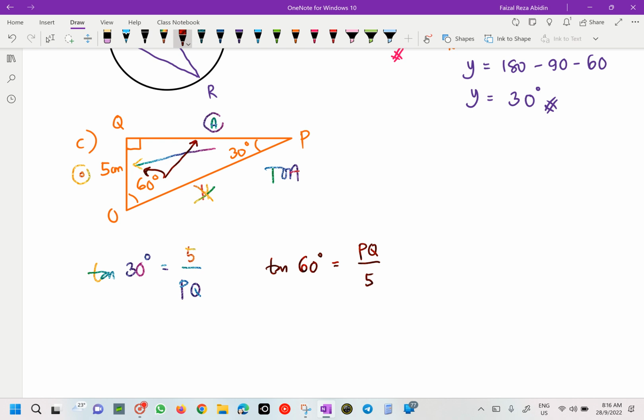But the answer will be the same, okay? So if you look over here, what should I do? For PQ here, you are going to have 5 over tangent 30 degree. For this one, I'm going to bring 5 here to the left side. So you are going to get PQ here is going to be 5 times tangent 60 degree. So find for me the value.